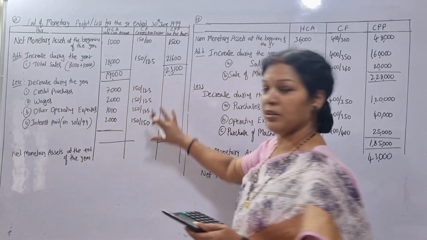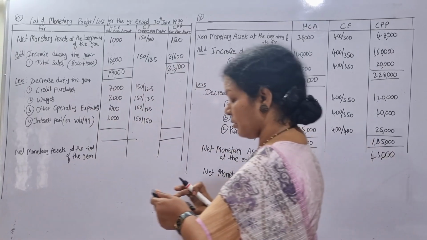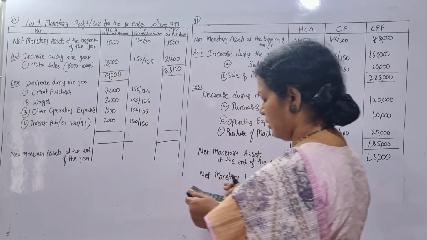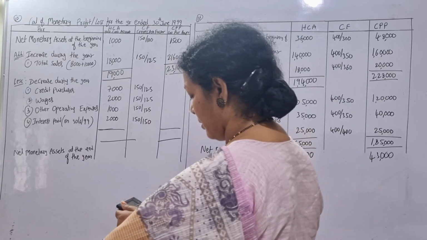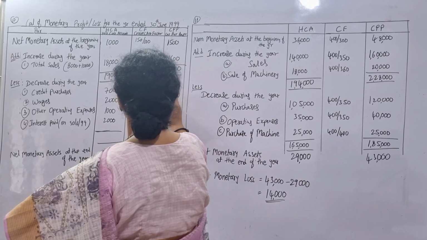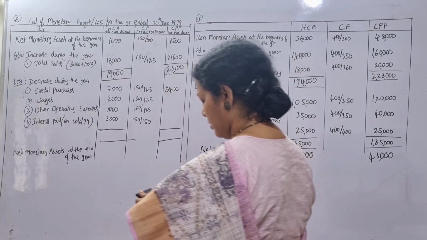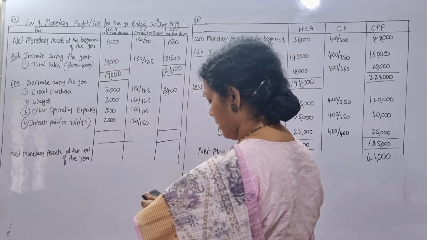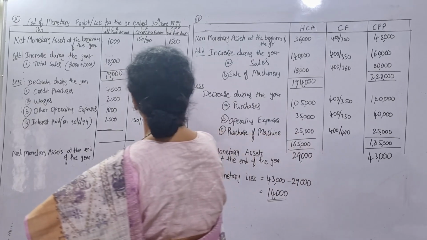In the same way, all these amounts we also need to calculate. 7,000 into 150 divided by 125 is 8,400. 2,000 into 150 divided by 125 is 2,400.